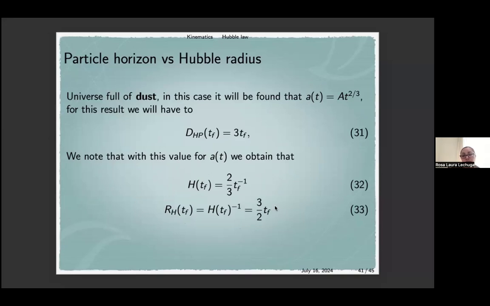So you have the same order. The constant doesn't matter. The only thing that is important is the order in t. And you can read that in this case, in which the matter component is dust, you have the same expression for the particle horizon and for the Hubble radius.